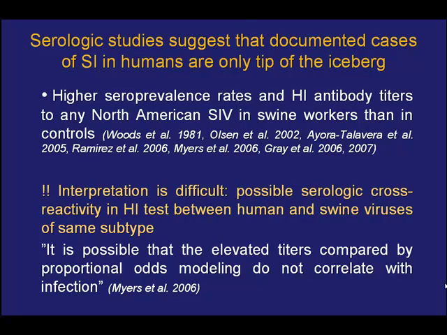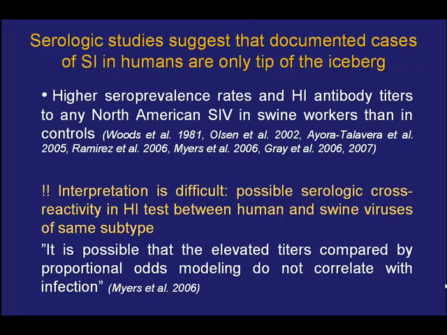The serological studies suggest that many more humans in contact with pigs have antibodies to swine influenza. But they cannot say how many, because there is some extent of serological cross-reactivity between the swine and the human viruses in the serologic tests that are available for these studies.